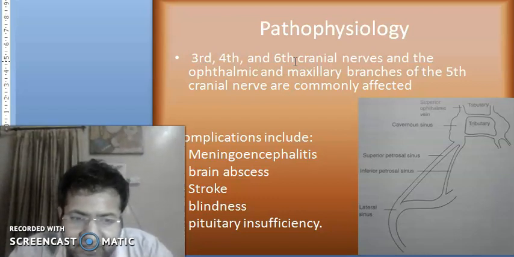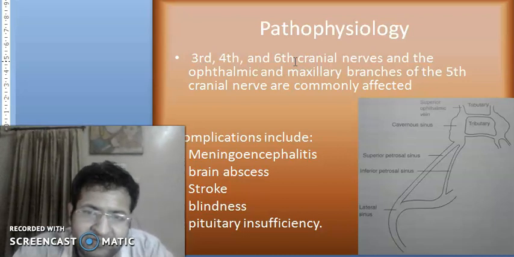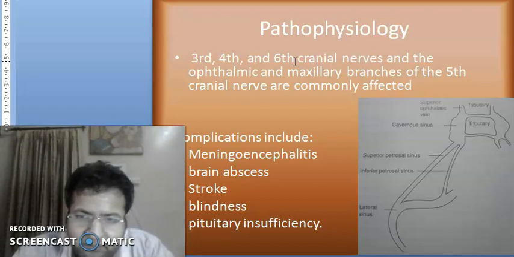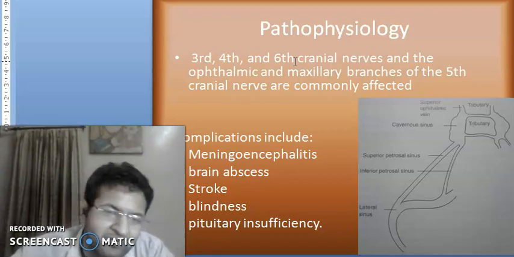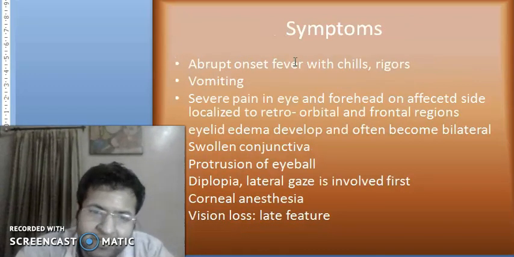So whenever cavernous sinus thrombosis occurs, the important point here is that the sixth nerve is involved first and then the rest of the nerves. The complications may include meningoencephalitis, brain abscess, stroke, blindness, and pituitary insufficiency because of the spread to the brain.